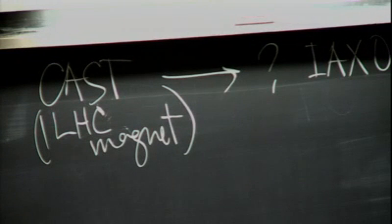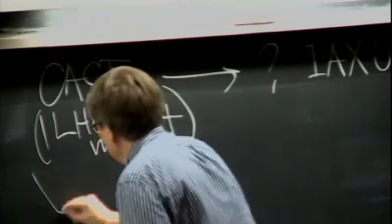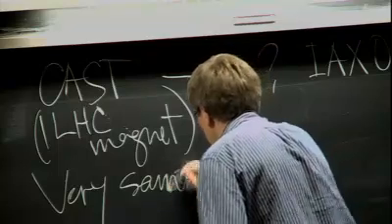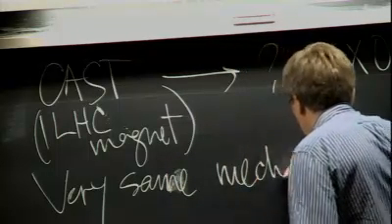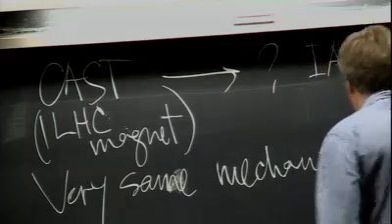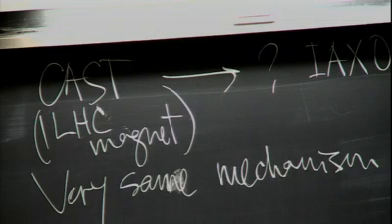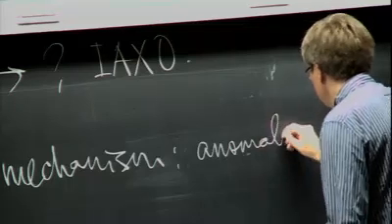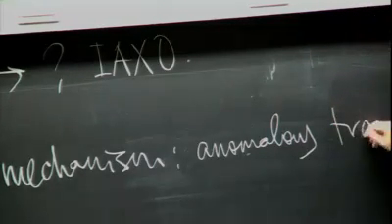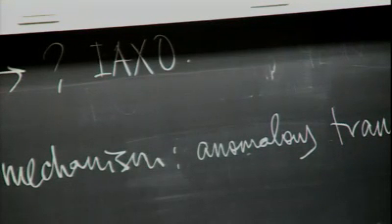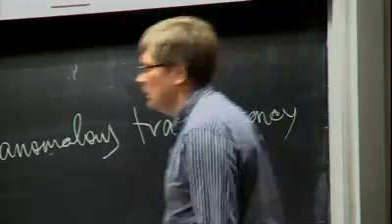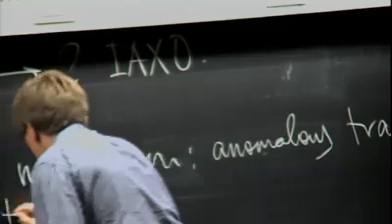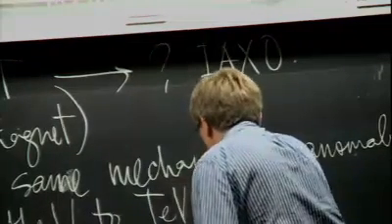So the very same mechanism can create anomalous transparency of the universe to TeV gamma rays.